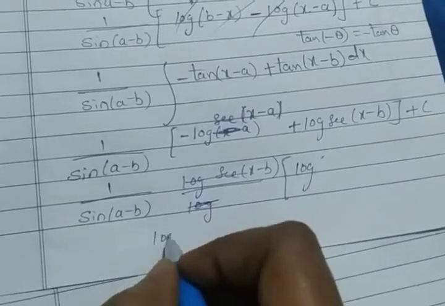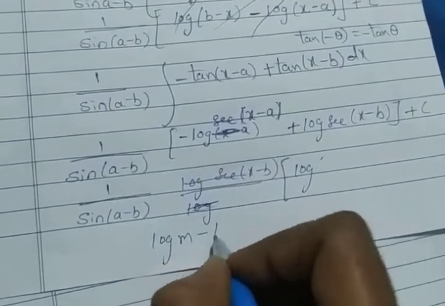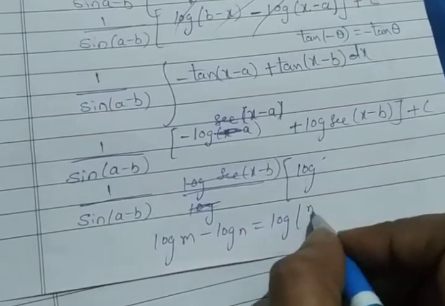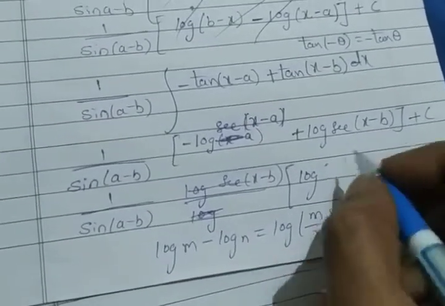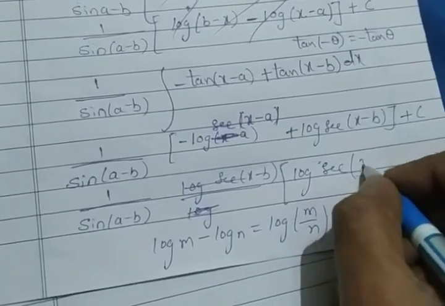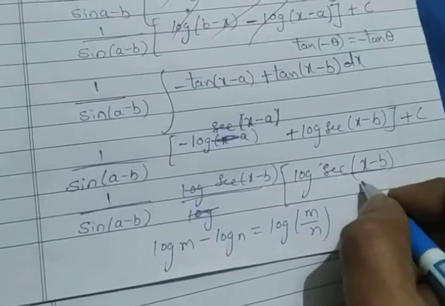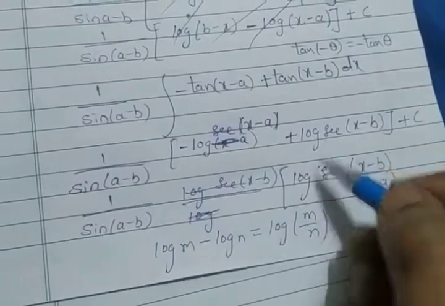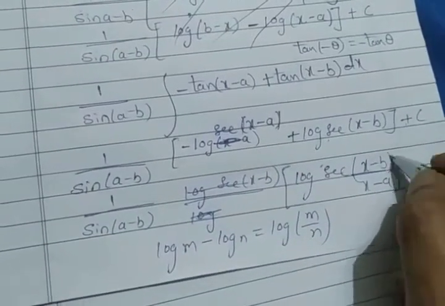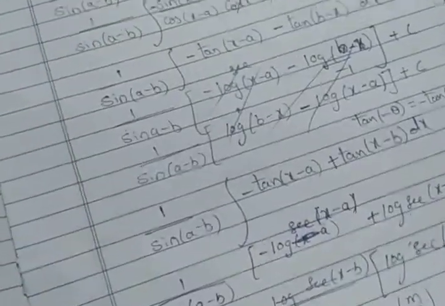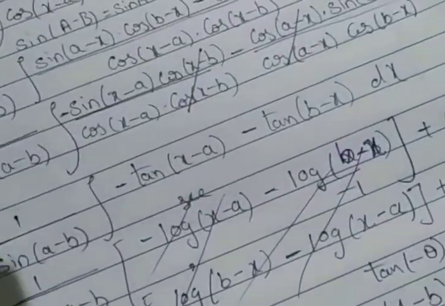It is in the form of log m minus log n, which can be written as log of m by n: log of secant x minus b divided by secant x minus a. Positive should be the first term and negative should be the second term, plus c. This is the required answer.